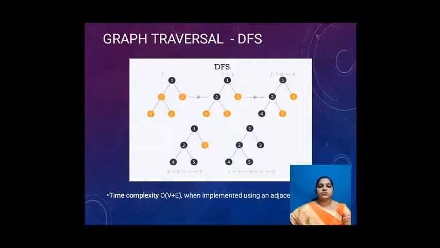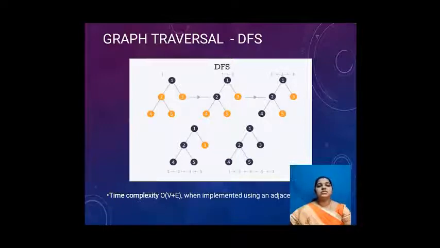So this is an example of the depth first search method. Here our source node is 1. From 1, its adjacent node, the next node, is 2. The 2 is pushed into the stack, and from 2 it travels to 4, because there is no way to 3, so we pass to 4 and 4 is pushed into the stack. Again we go back to 2.